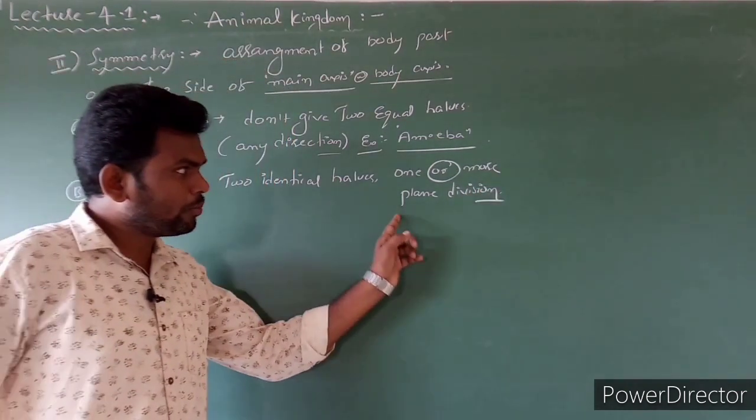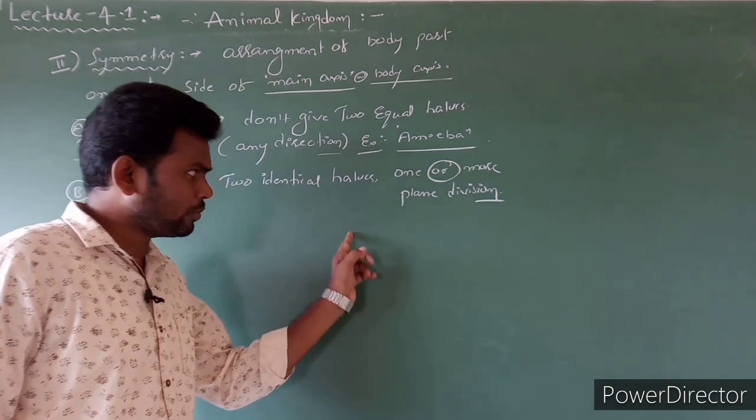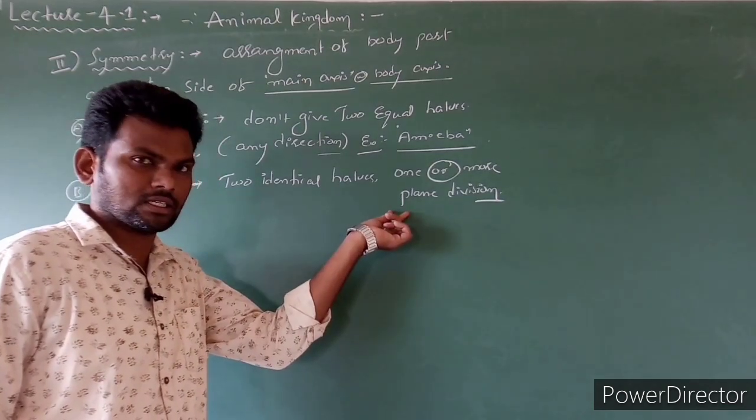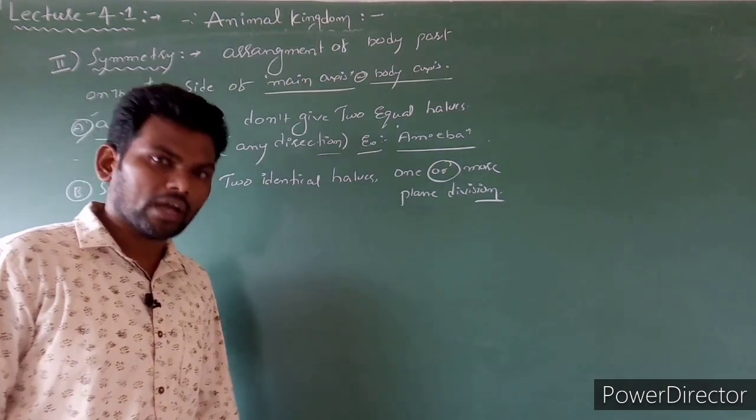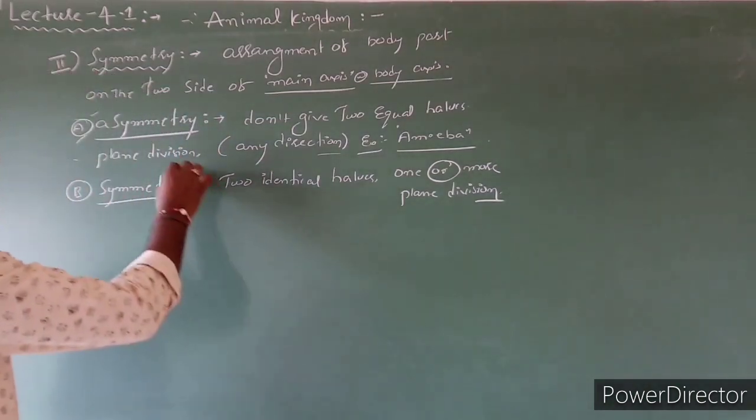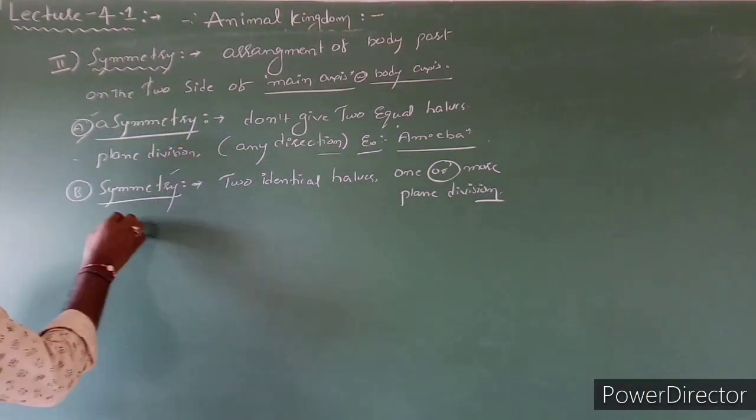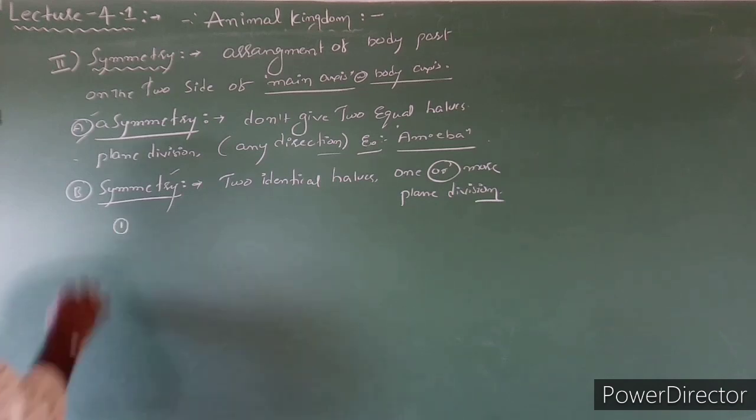The division should pass through the center of the axis, or center of the body axis. So such is called what? Symmetry. Symmetry is again divided into two types.